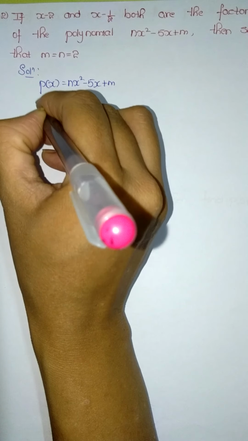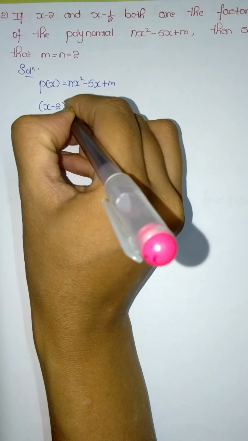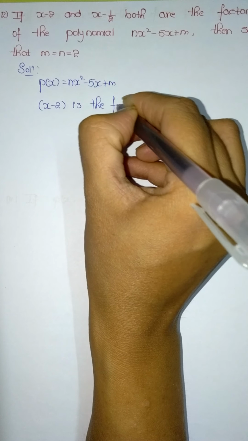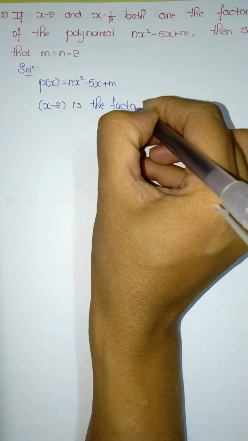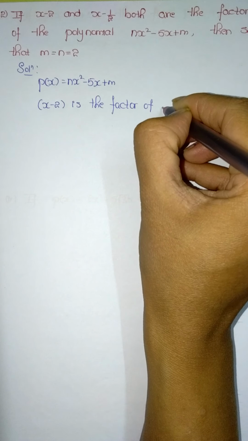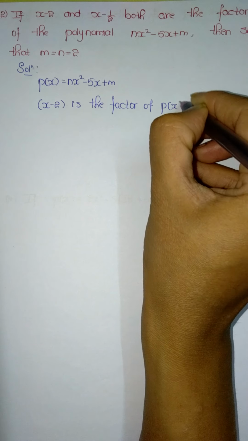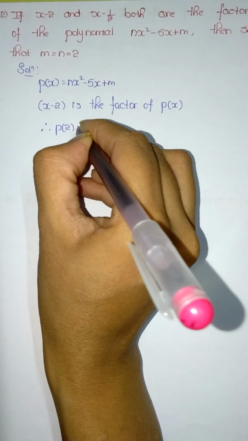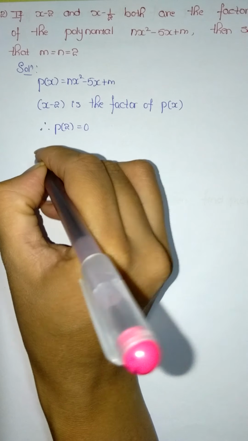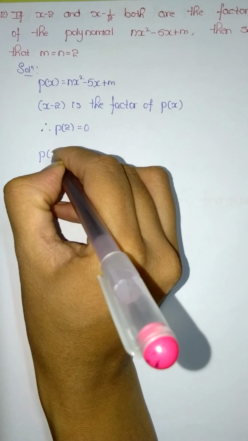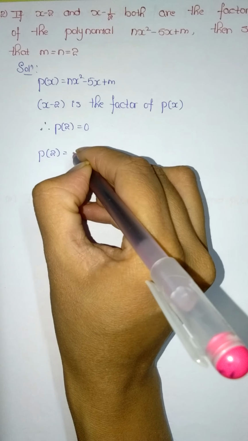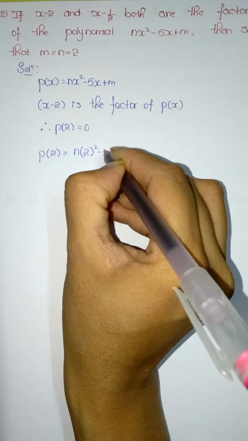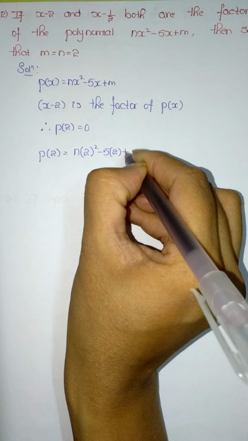So here x minus 2 is the factor of p of x. Therefore p of 2 क्या रहेगा? That is 0. So here P of 2 equal to n into 2 square minus 5 into 2 plus m.